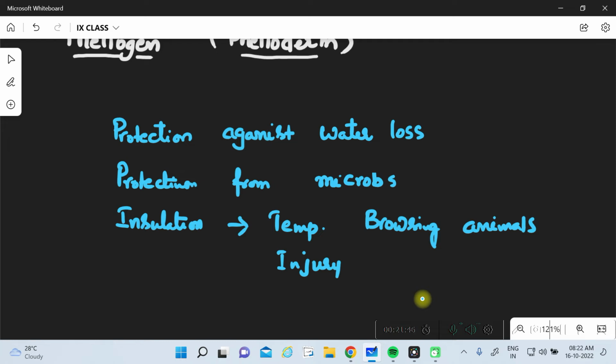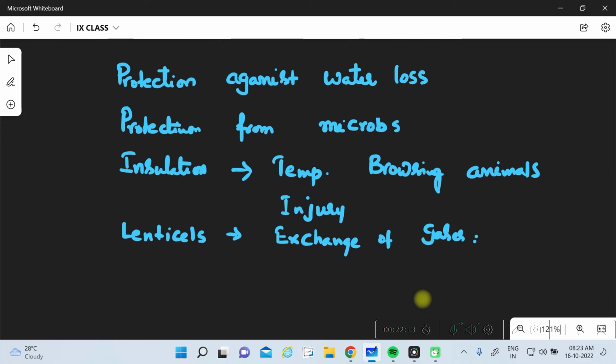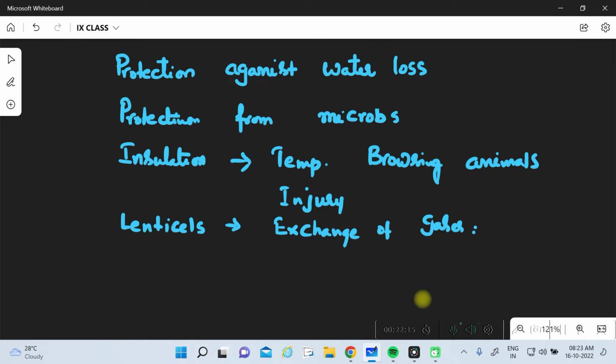The next property of cork is to form lenticels, which we have just discussed. Lenticels are the product of cork only, which are in general meant for the exchange of gases. Along with this, cork has commercial importance.